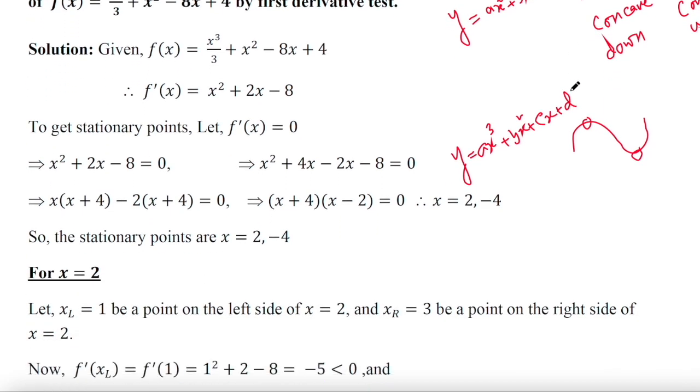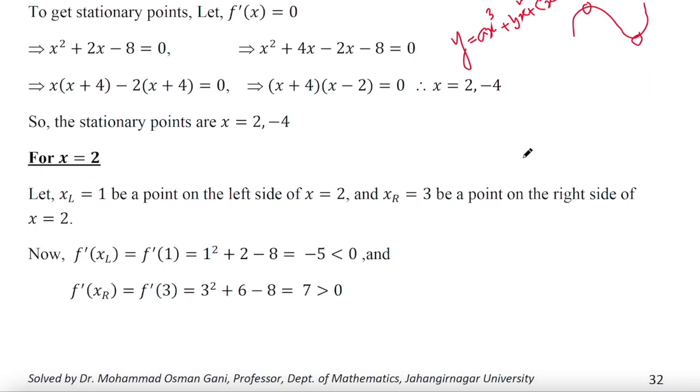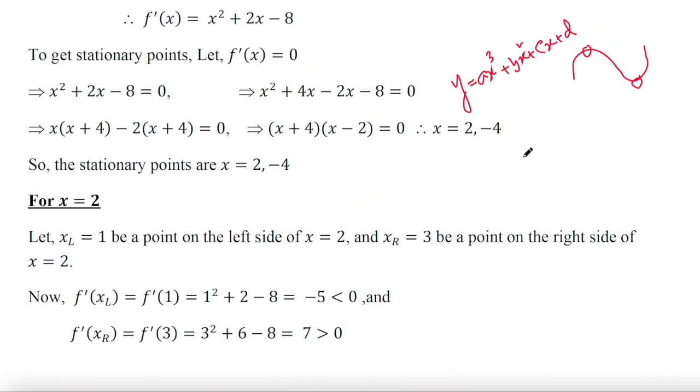So if an equation is a fourth degree equation, like y equal to ax to the power 4 plus bx cube plus cx square plus dx plus e, this is a biquadratic equation or fourth degree equation.